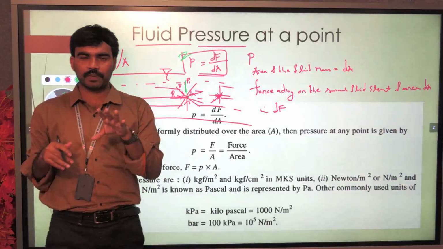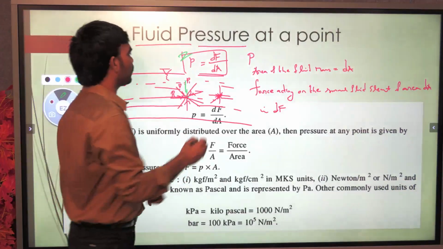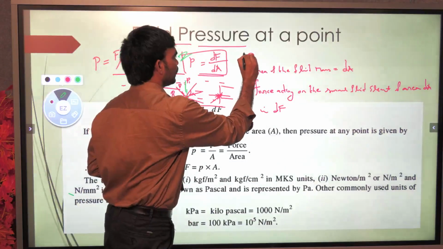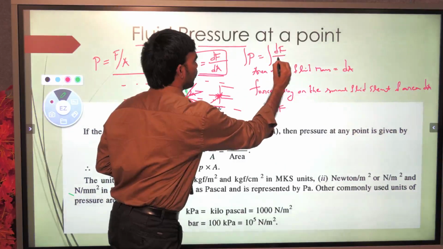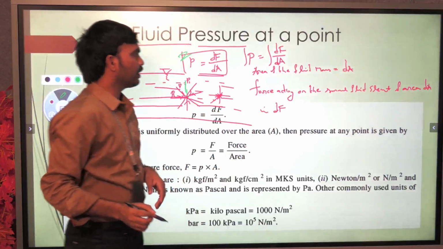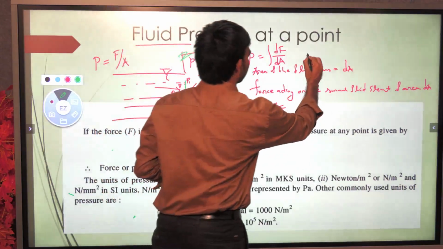So in all directions, the pressure is equally distributed. So what is the total pressure? If you integrate, you get the integration of dF by dA.